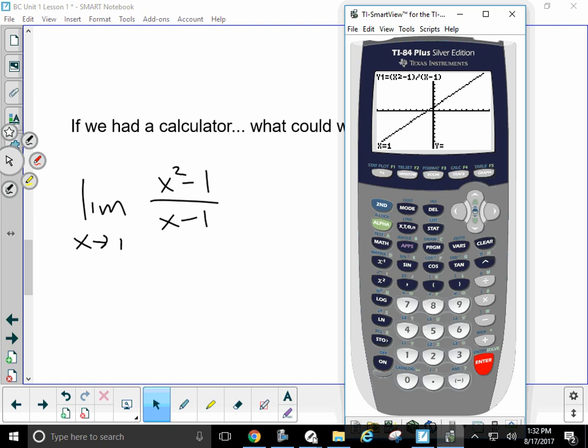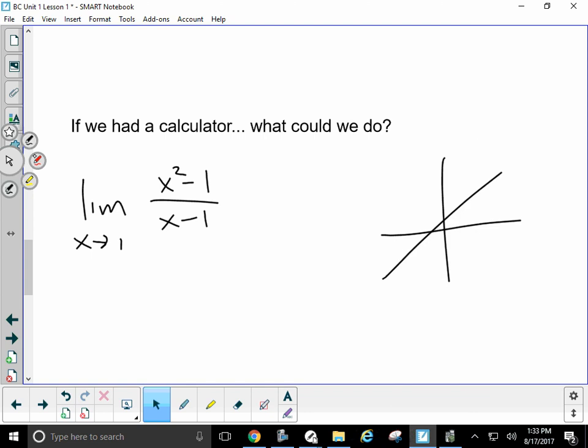But if I typed in 0, we get a value. If I typed in 2, we get a value, right? Well, that means what's going on is we have a situation where we have a hole. So we know that our function is going to be approaching the location of this hole from the left and the right, and that's going to be the limit.